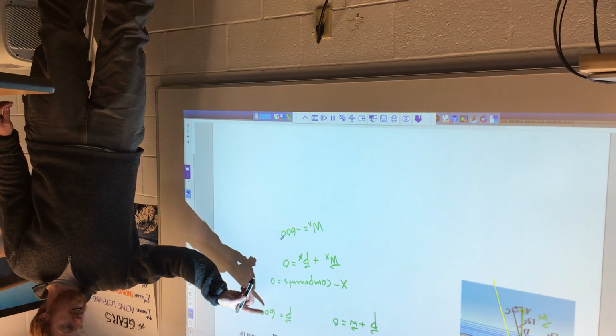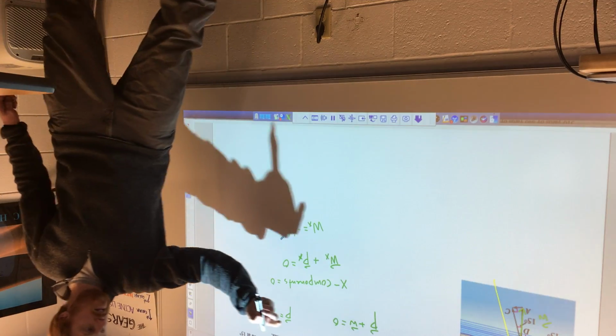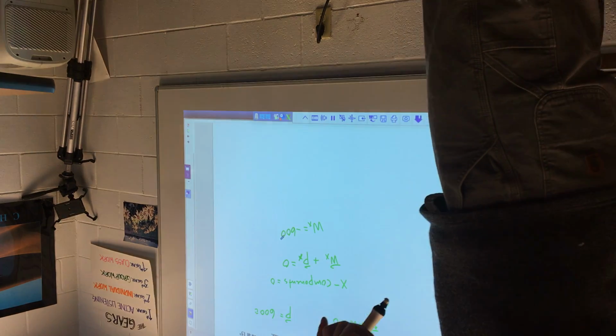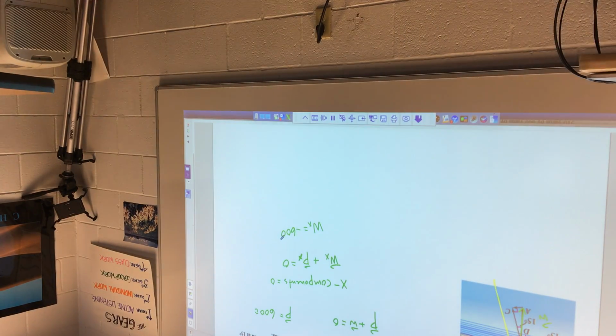The x component of the pull, if I'm looking in this direction, is going 600 pounds that way. The weight's going to be pulling back 600 pounds that way. The sum of forces equals mass times acceleration. The weight's pulling it back, and you're pulling it forward.